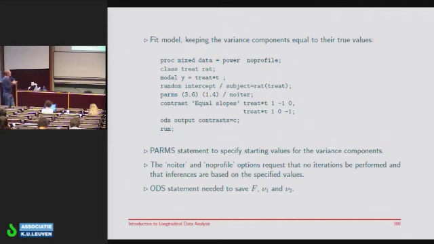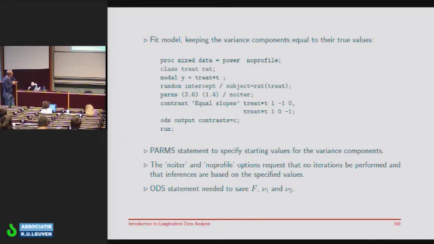Well, I can do that by adding here NOITER and NOPROFILE. So especially the NOITER, you can guess what it means. It means no iterations. Don't iterate to estimate these parameters. Just keep the parameter values fixed to the values that we have specified here.